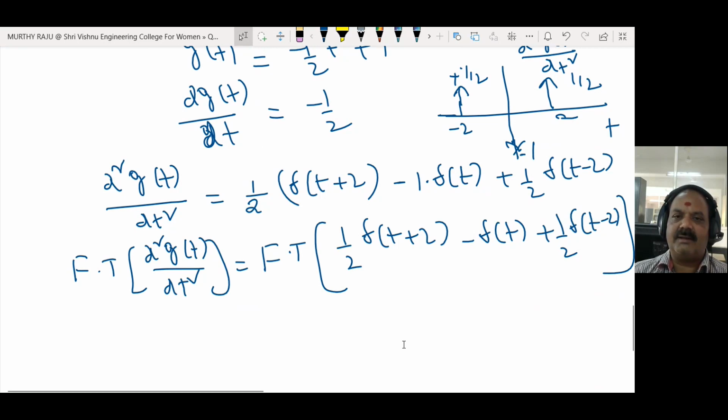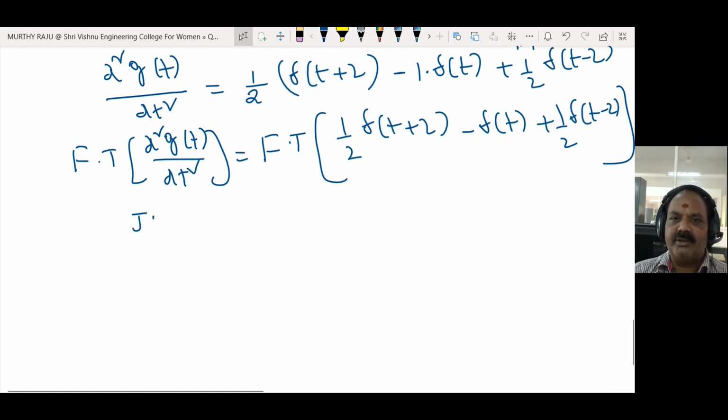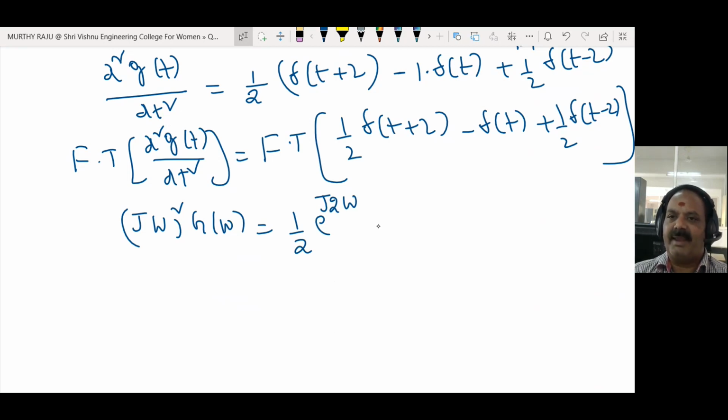Fourier transform of the second derivative is j omega whole square G of omega. Fourier transform: this is the shifted function, 1/2 e power j 2 omega, minus Fourier transform of the impulse function, which is 1, plus 1/2 e power minus j 2 omega. The Fourier transform of delta of t is again 1.